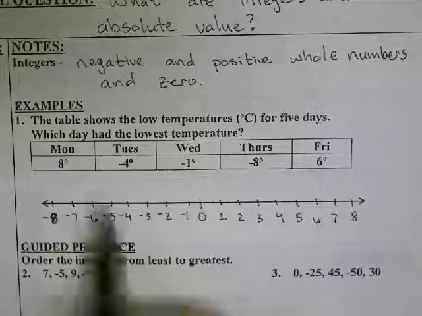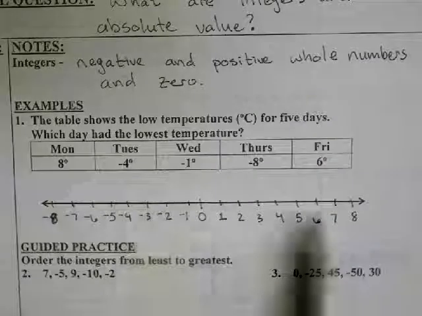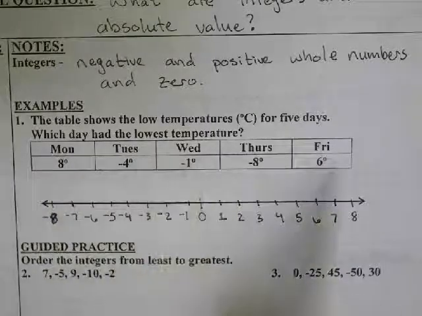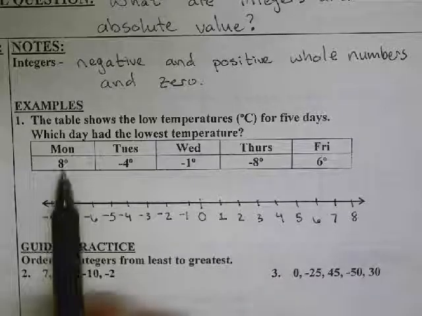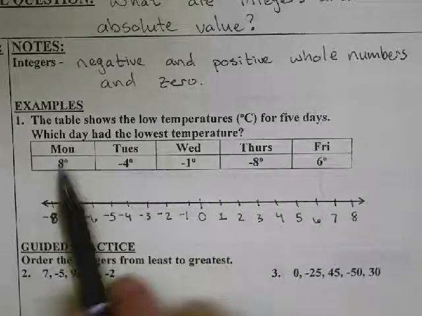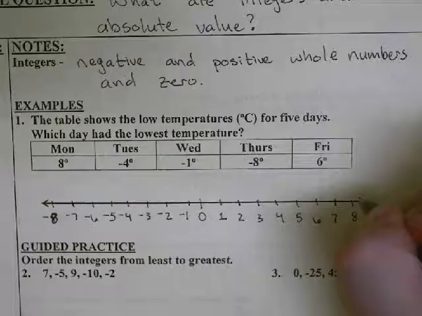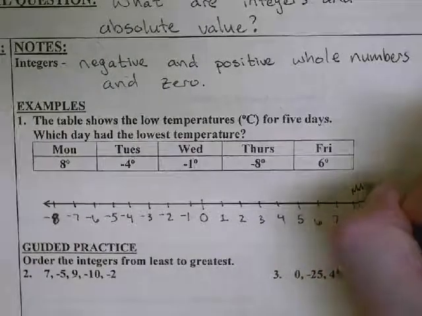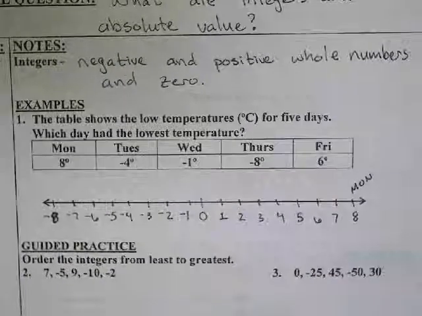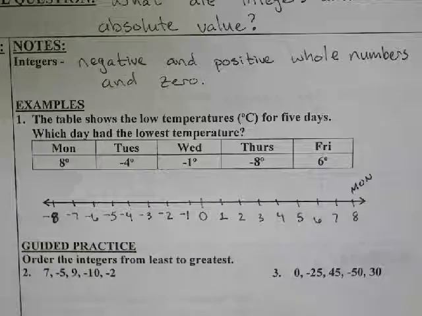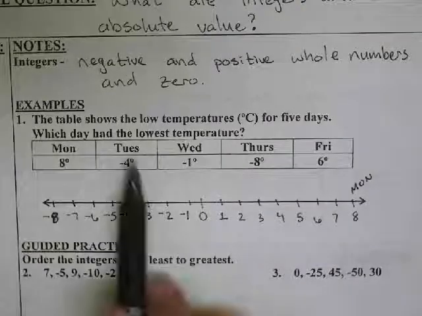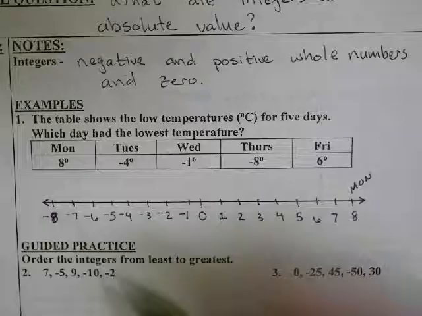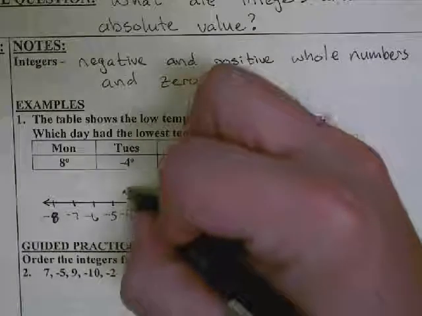So now what we can do is label each number with the day that corresponds to it. On Monday we had 8 degrees, so we'll go to a positive 8, and this is our Monday. Tuesday, we had negative 4 degrees, so at negative 4, I'll put Tuesday.